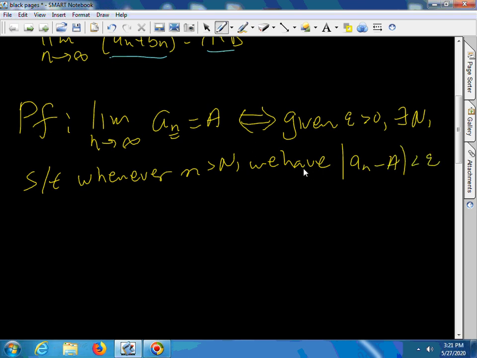That is, the a_n's and the a, the difference gets smaller and smaller. The a_n's approach capital A if n is bigger than N1.